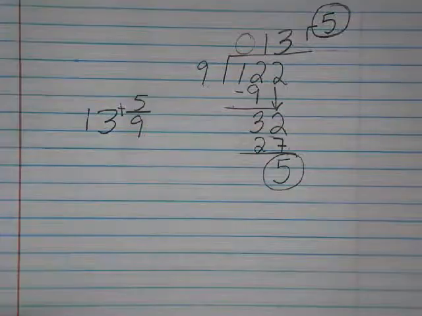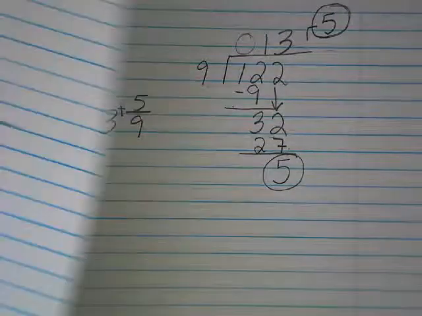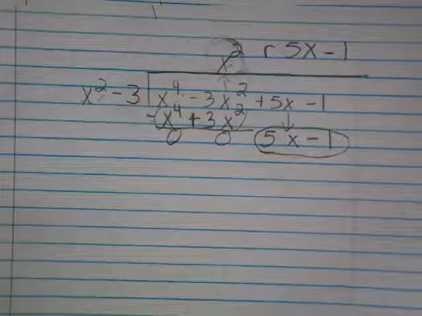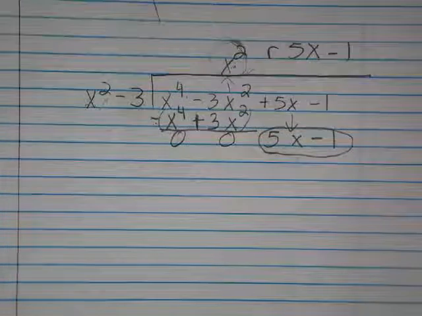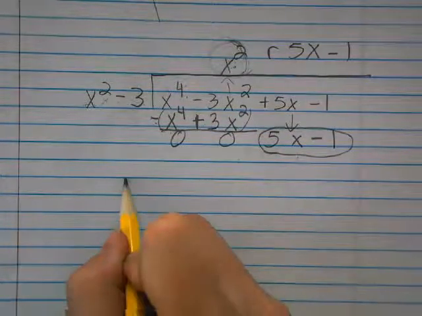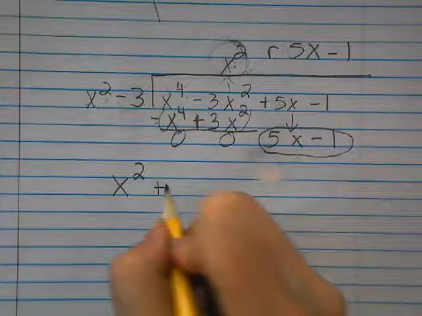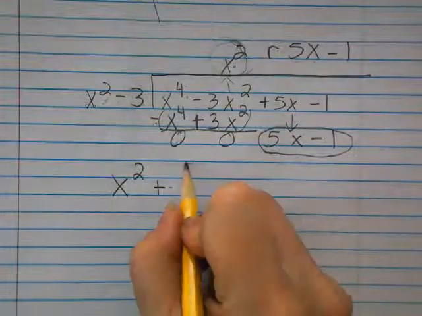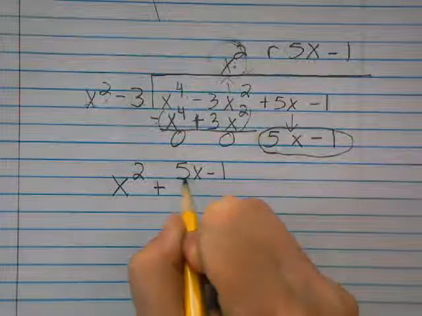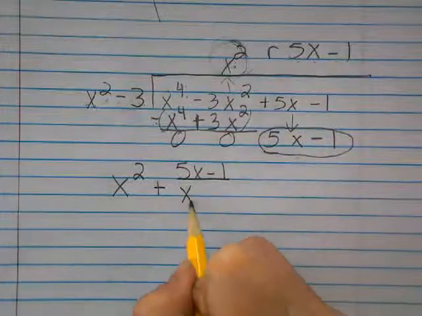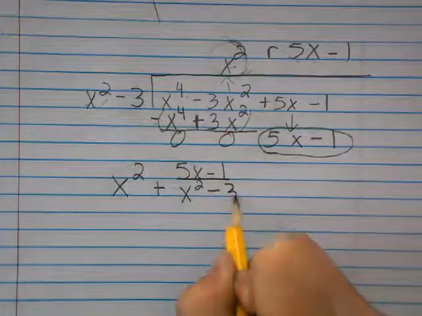That's what the actual number is. It's the same for functions. If you wanted to write this as a fraction, it would be x squared plus (5x minus 1) over (x squared minus 3).